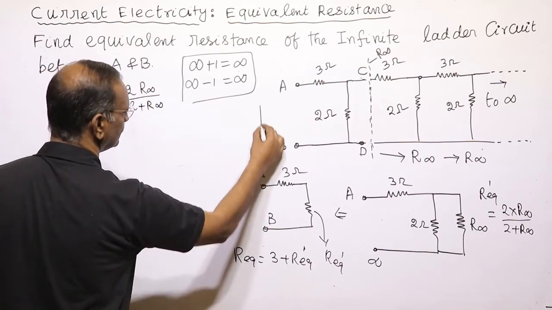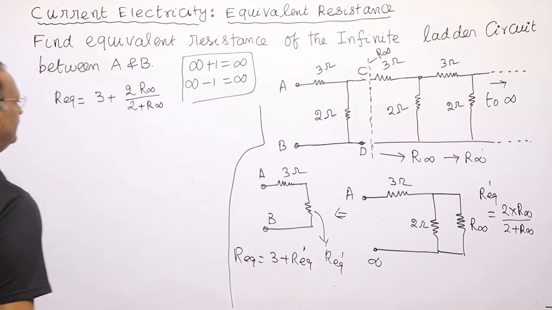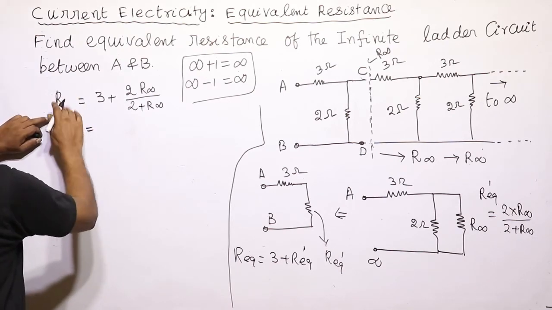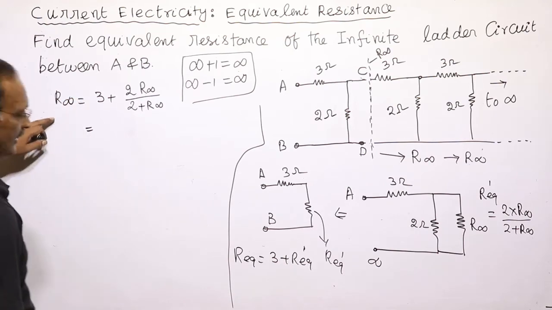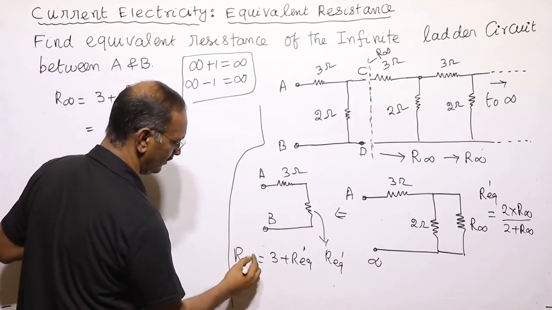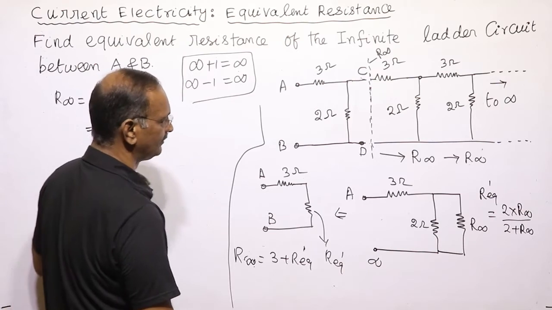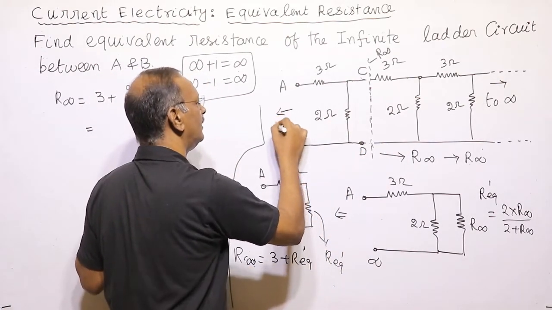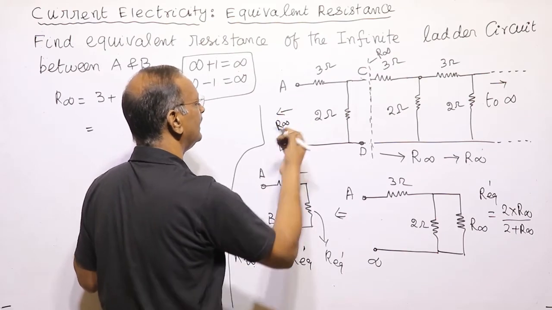The circuit is reduced, so this can be written as R infinity. It is not R equivalent, it is R infinity. Why? Because if you are adding R infinity with something, again it becomes R infinity between A and B.